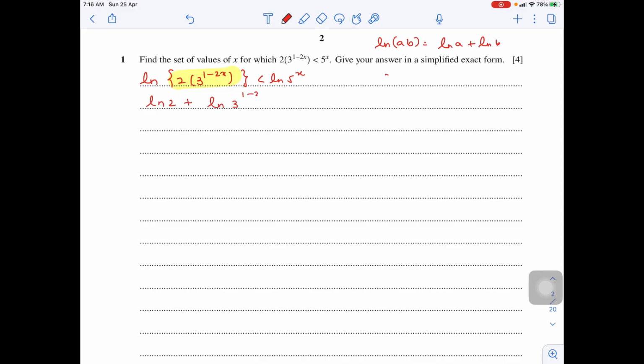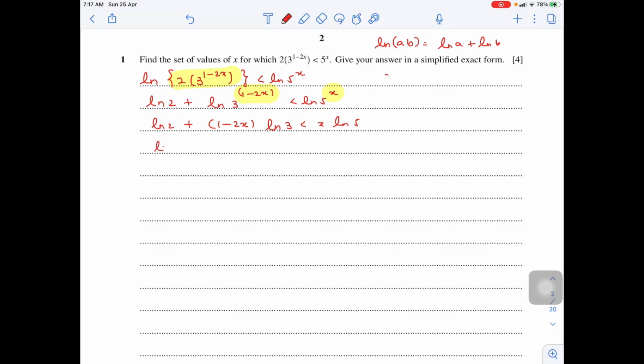When it is ln a times b, it can be written as ln a plus ln b. So that's what I'm doing for that. So I'm writing ln 2 plus ln 3 to the power 1 minus 2x is less than ln 5 to the power x. Now, whenever you have a power, that becomes the coefficient.